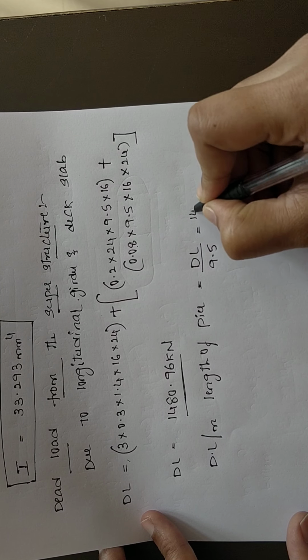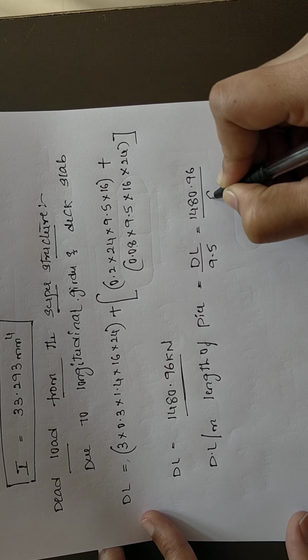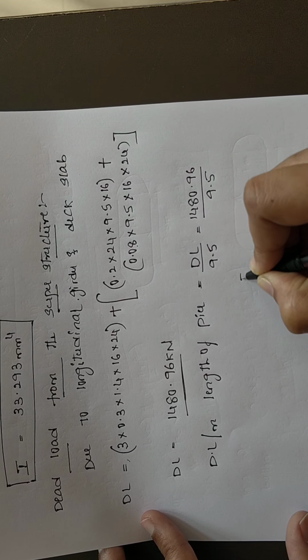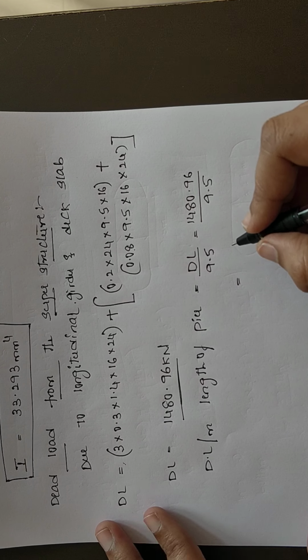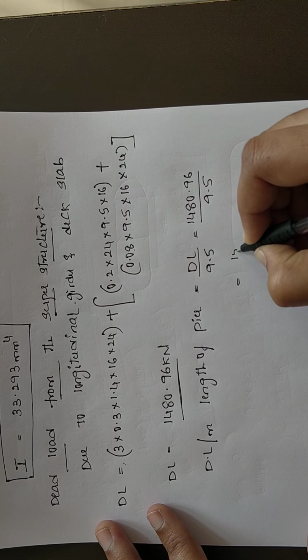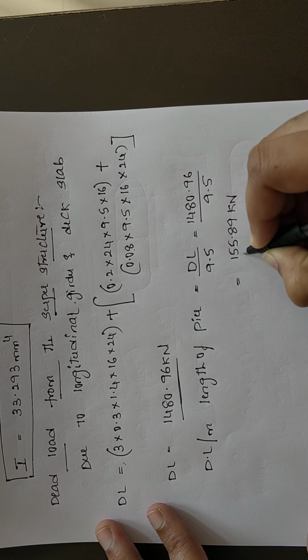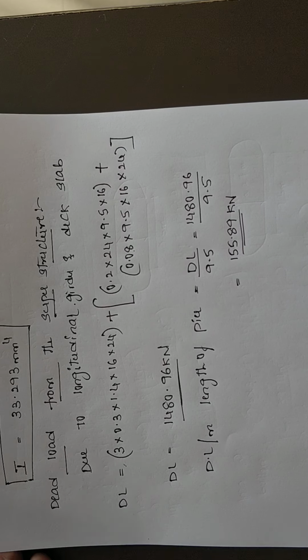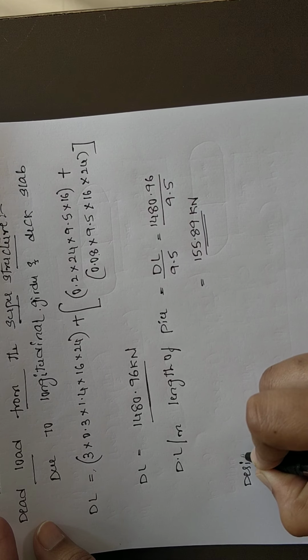Dead load 1480.96 divided by 9.5, you will get the dead load per meter length of the pier as 155.89 kilonewton.